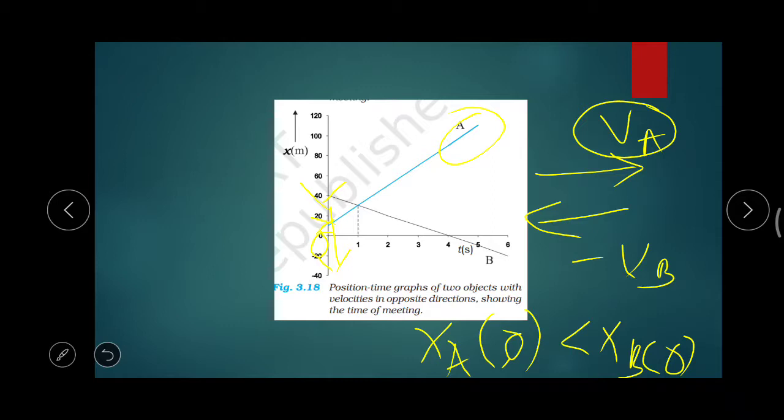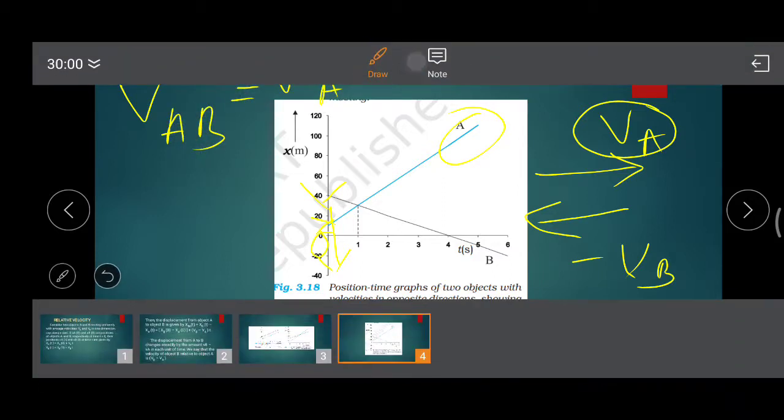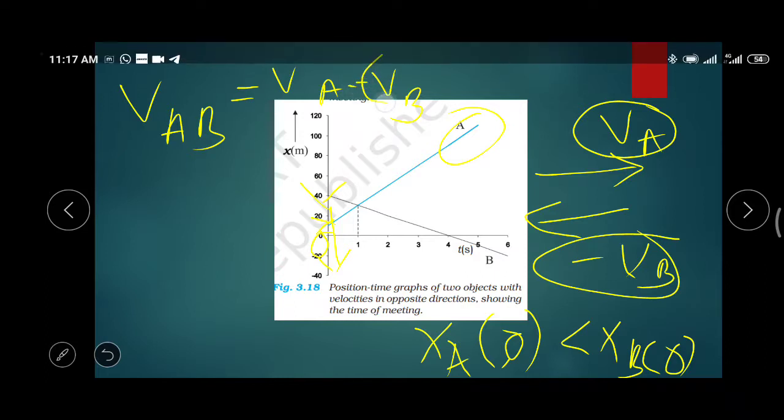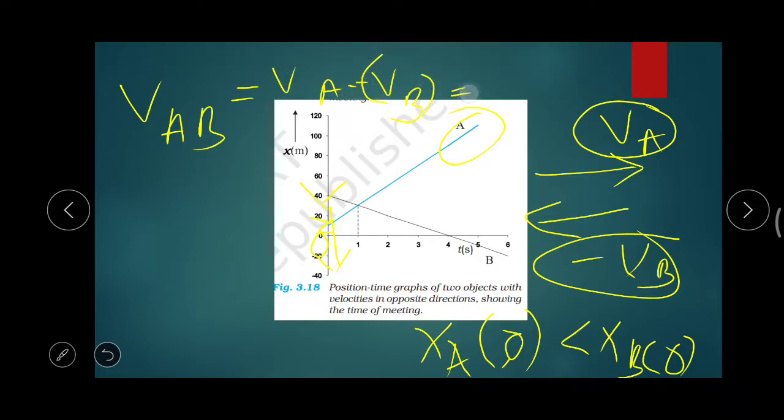Now one more thing, if you want to find the relative velocity of A with respect to B, that is VAB, which is equal to VA minus VB, where you know that the value of VB is negative, so minus of minus VB will be there, that means VA plus VB.